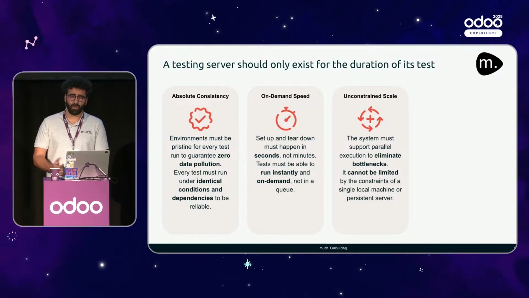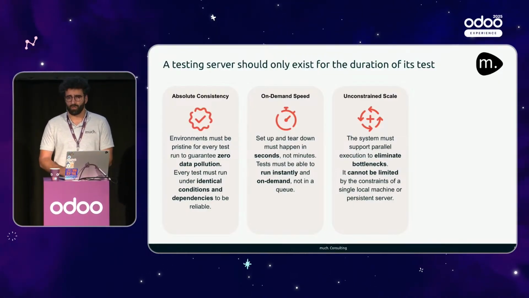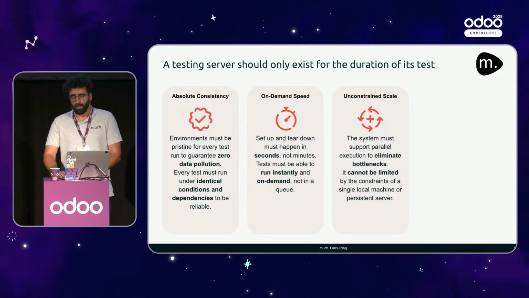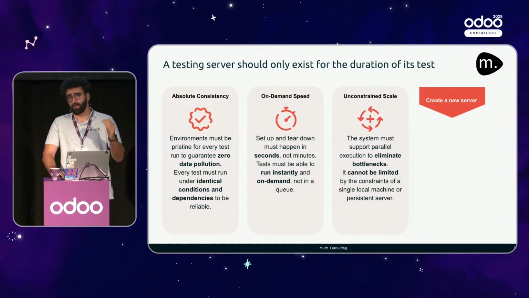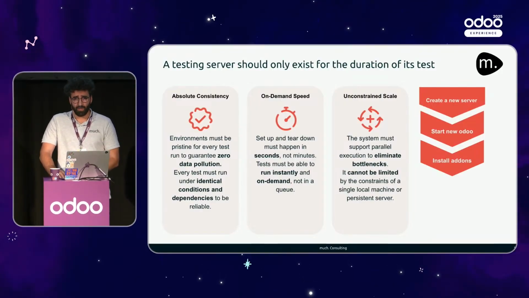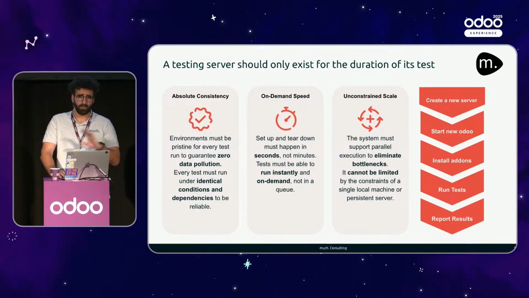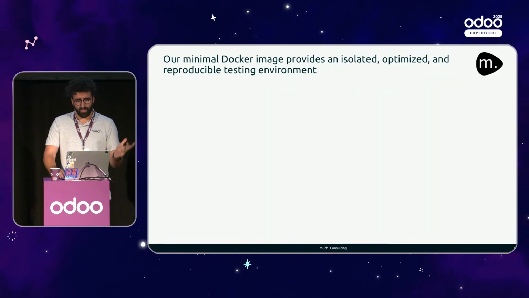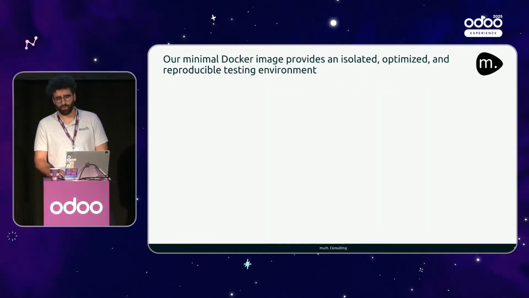It needs to be configurable, scalable, with no infrastructure constraints, no limits of only one user can test at one time, whatever. So essentially the conclusion in the end is we needed something where we can create a server, start a new Odoo, install whatever we need to install, run the tests, report the results, kill the server, done. This is where the idea of this minimal Docker started to take place.